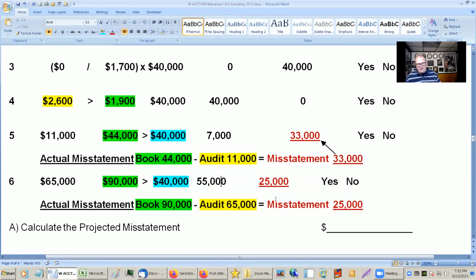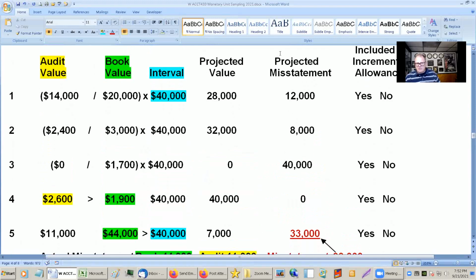But you really don't need that one because you're actually just going to look at the misstatements. So anyway, here's what we're going to do. We're going to look at these misstatements. This would be the projected misstatement, all of these together.